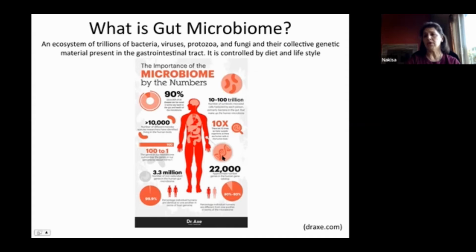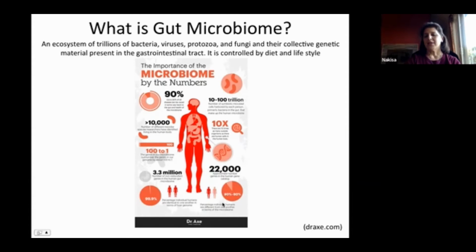The microbes also have about 100 times more genetic components compared to humans. We have about 22,000 genes in our cells, in our nucleus, and there are about 3.3 million genes coming from these microbes.